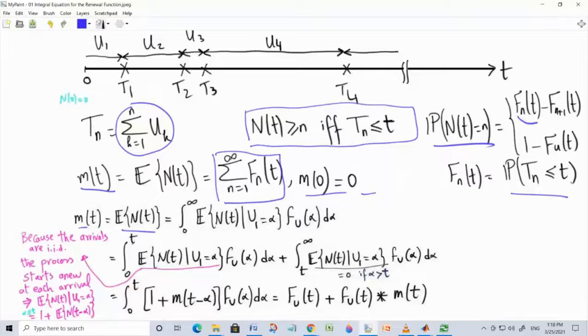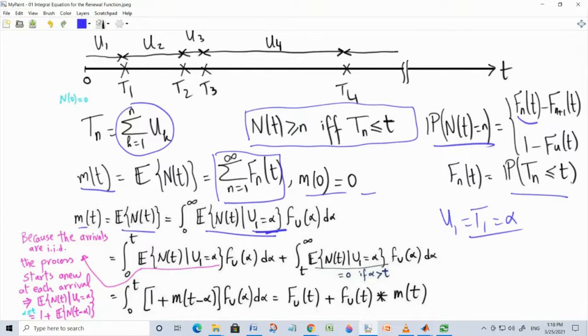So rather than talking about this expectation of big N of t, we will condition on the first arrival occurring at alpha. Remember that U1 is equal to T1 is equal to alpha. And so we will deal with this conditional expectation.